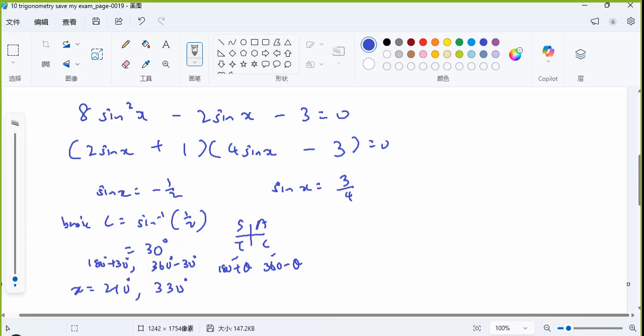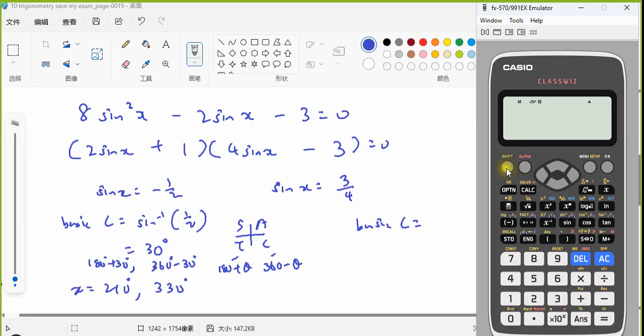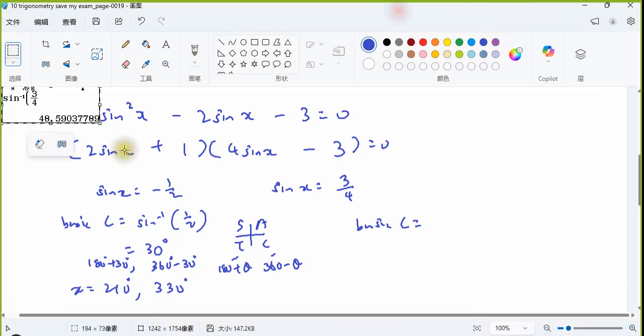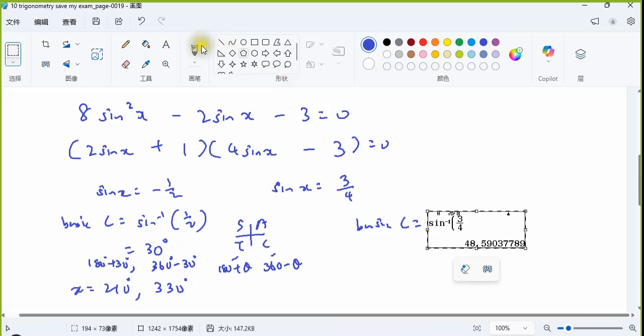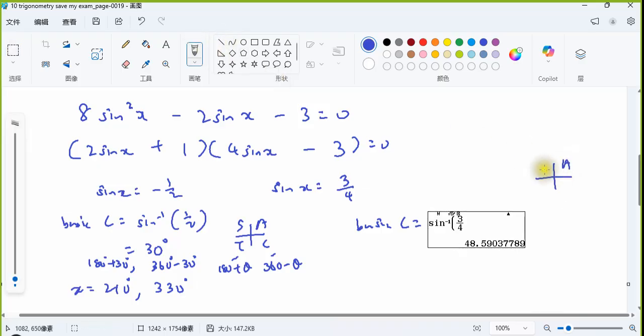And then the basic angle for this will be the arc sine of 3 over 4, which is 48.6 degrees. And we have the ASTC, sine positive will be this, and this is 180 minus theta.